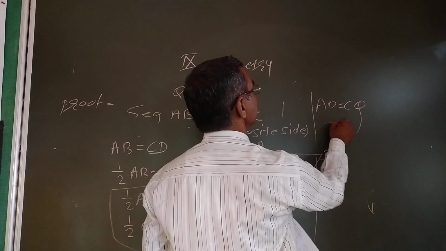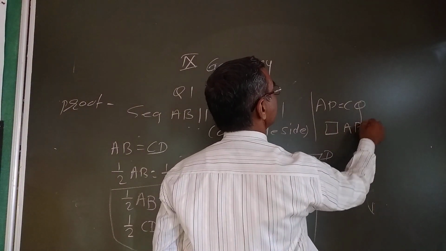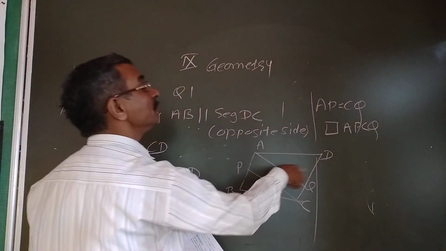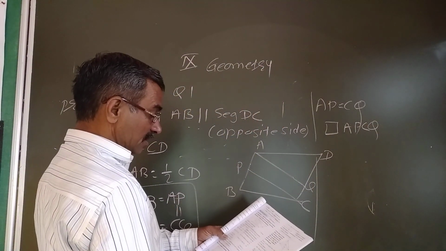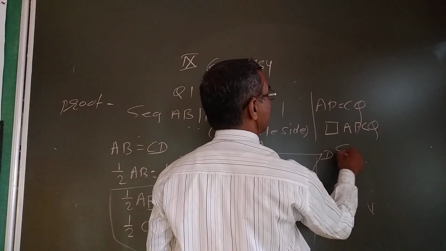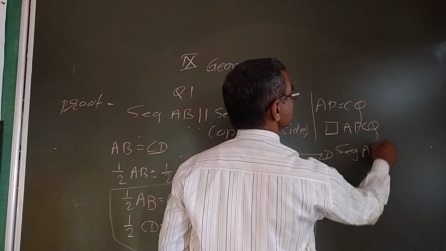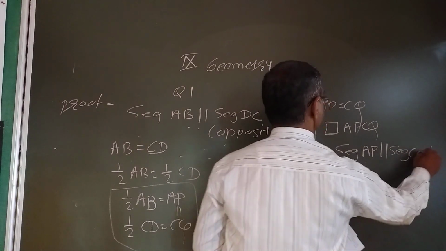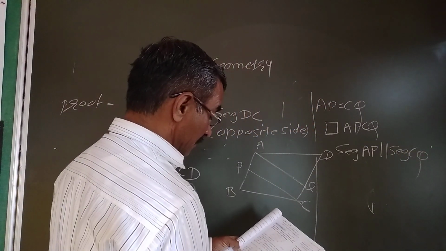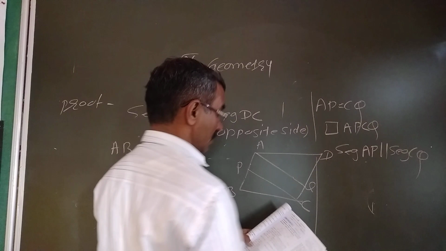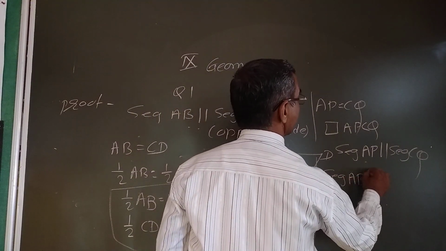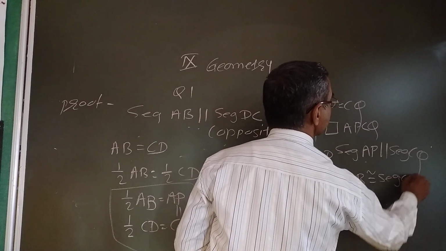Therefore, in the new parallelogram APCQ, segment AP is parallel to segment CQ, and we can also say that segment AP is congruent with segment CQ.